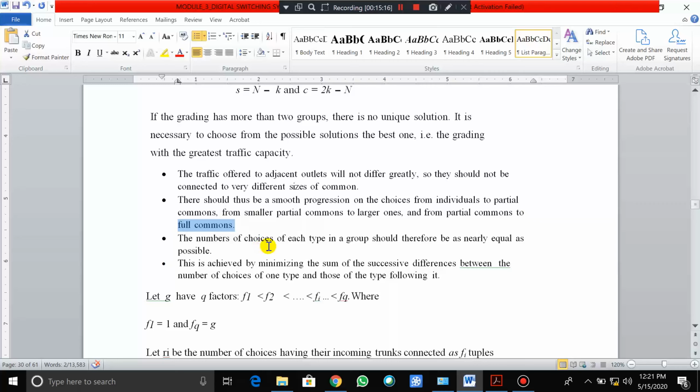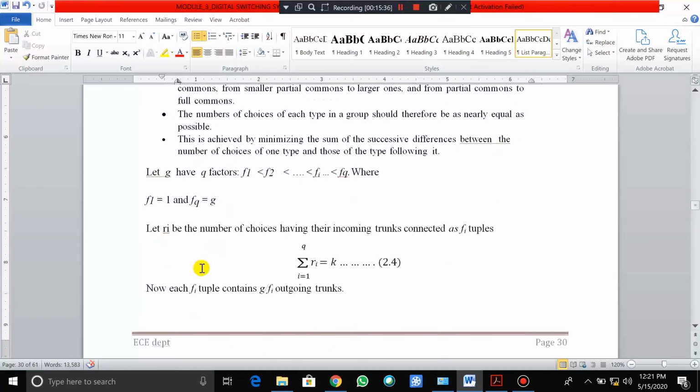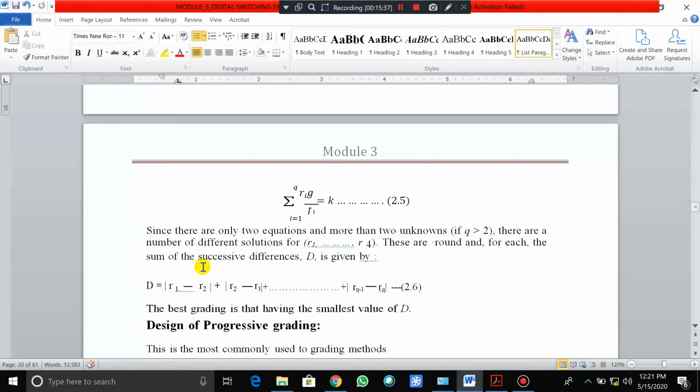The number of choices of each type of group should therefore be as nearly equal as possible, and this is achieved by minimizing the sum of successive differences between the number of choices of one type and those of the following type. So now we have to discuss the mathematical terms through equations.